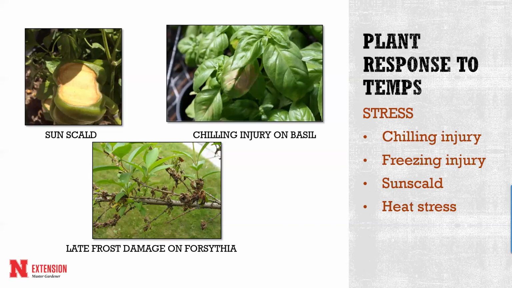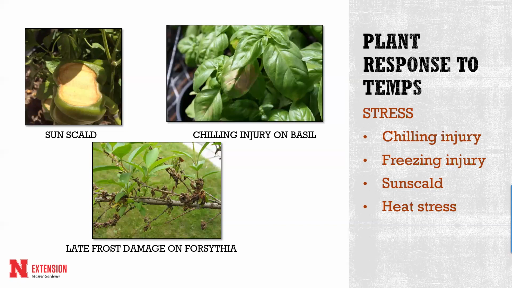And then we have some very tender annuals here that even just a little bit of cool air on them can definitely hurt them. So this is a chilling injury. It didn't freeze. The cells did not freeze within that plant on this basil, but it was exposed to a lower temperature and it has ruined both the look and the taste of that plant on that surface.